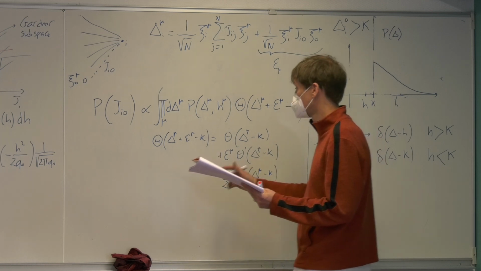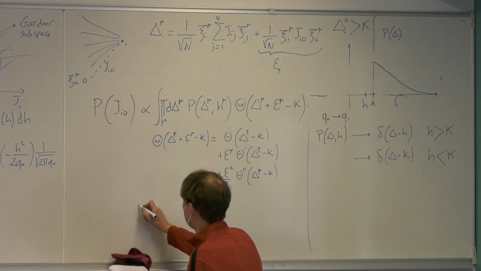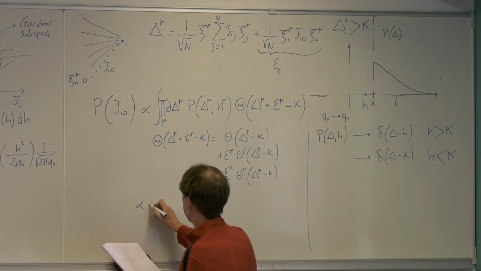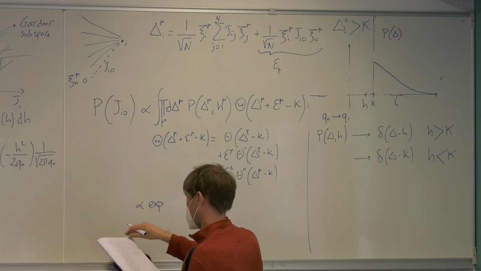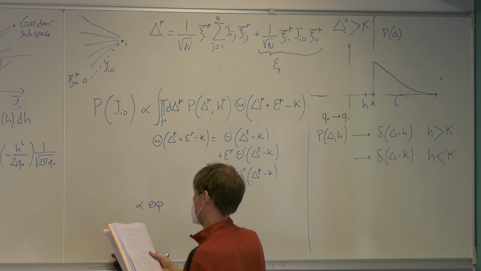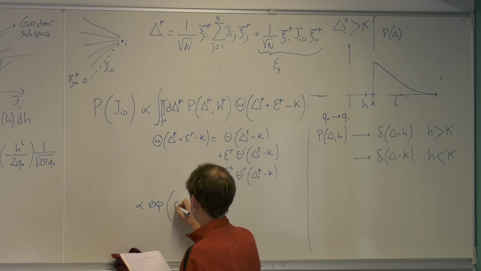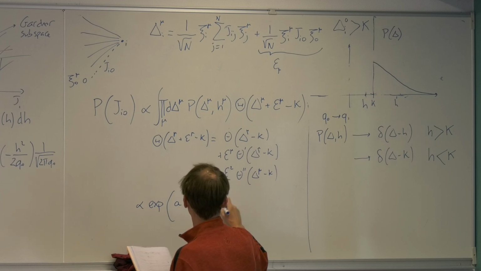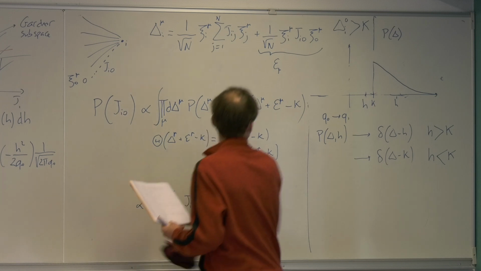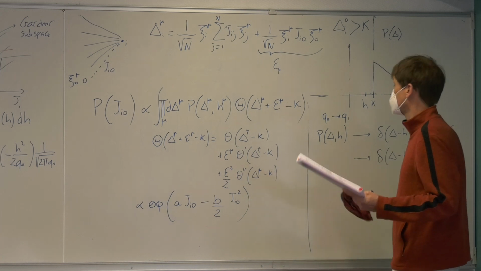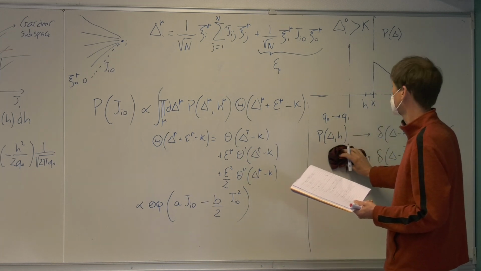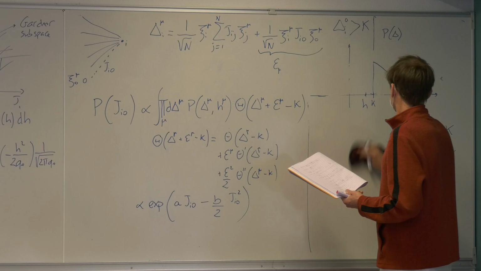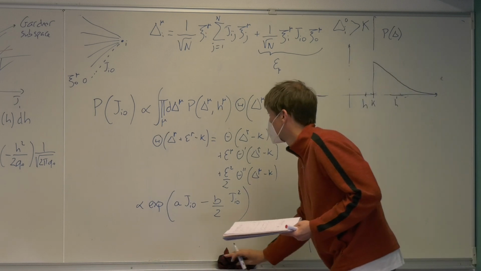and eventually what we get is a formula like this. A ji0 minus b over 2 ji0 square. Unsurprisingly, things become Gaussian. And let me write down the coefficients of what are a and b.